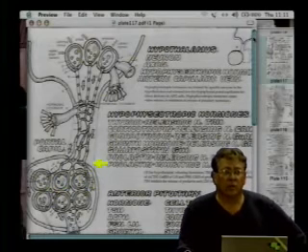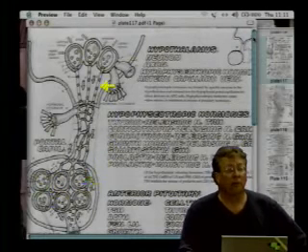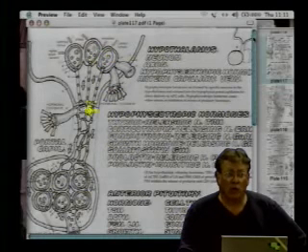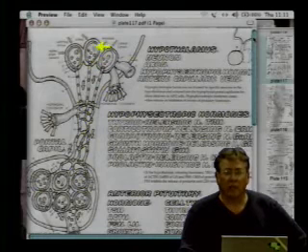Well, these cells are influenced by hypothalamic cells as well, but instead of having axonal projections down, the hypothalamic cells have relatively short axons.